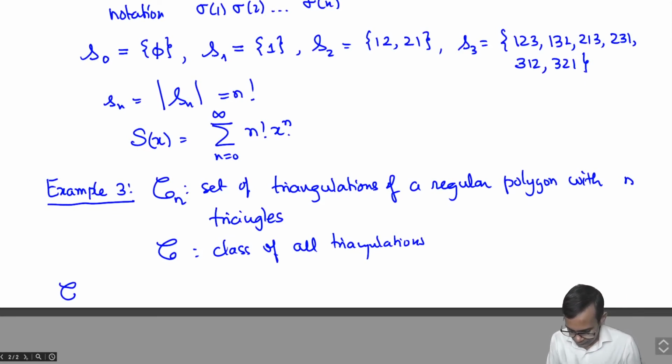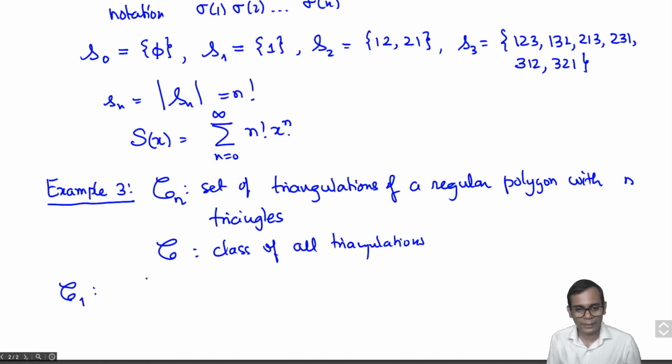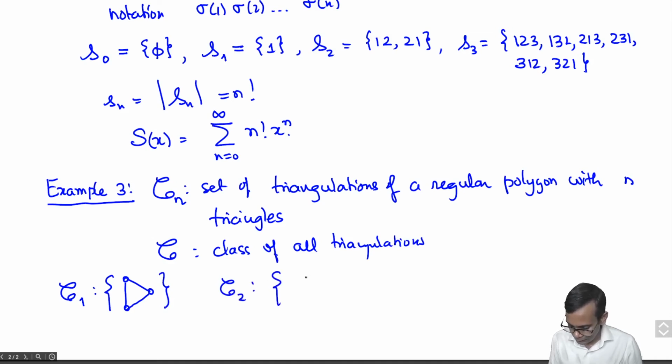So for example, C1, there's only one triangulation of a regular polygon with one triangle, namely you take the triangle itself. So you take this triangle and it is already a triangle, you don't need to add any diagonals. What about C2? Well, you take a regular quadrilateral, and you can imagine these to be the fourth roots of unity.